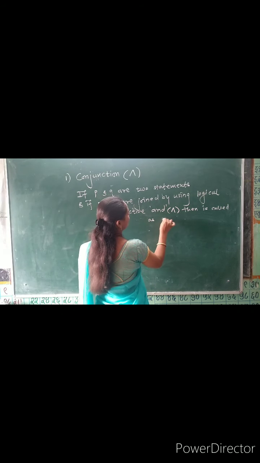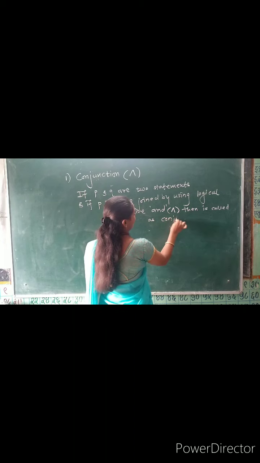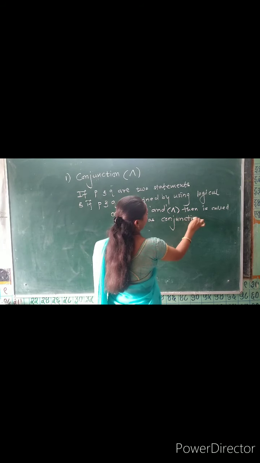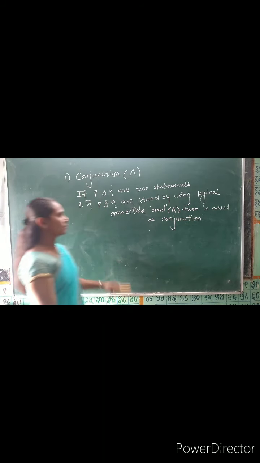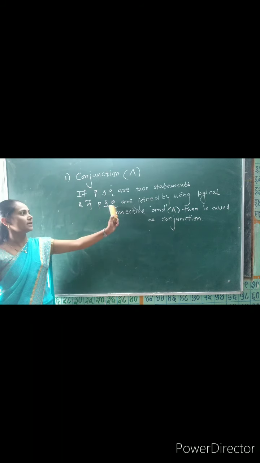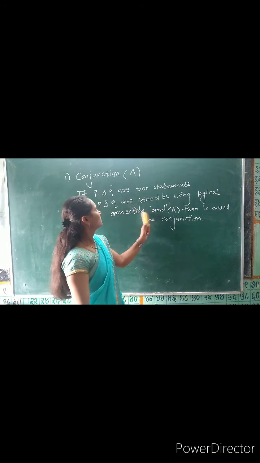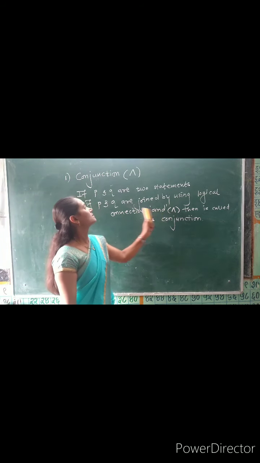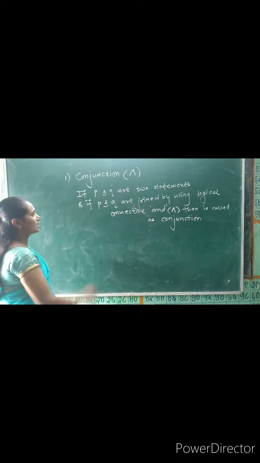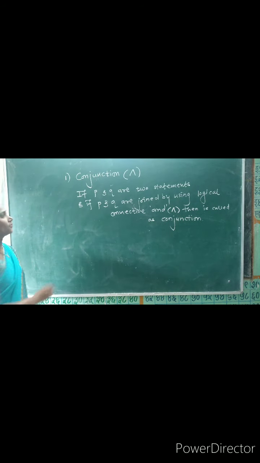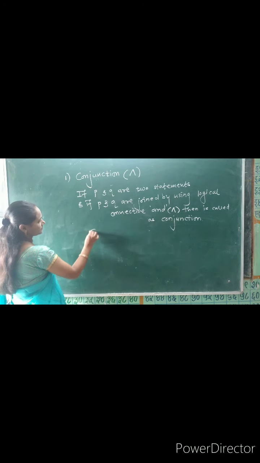P and Q is called a conjunction. If two or more statements are joined by using and, then the statement is said to be a conjunction.